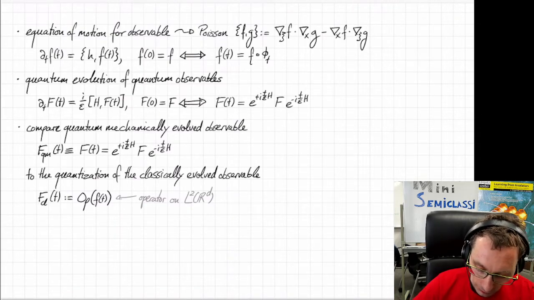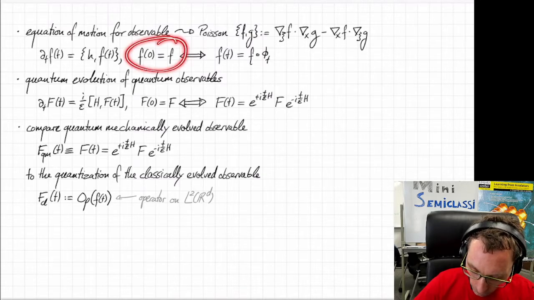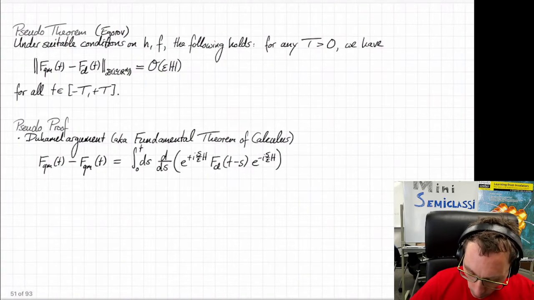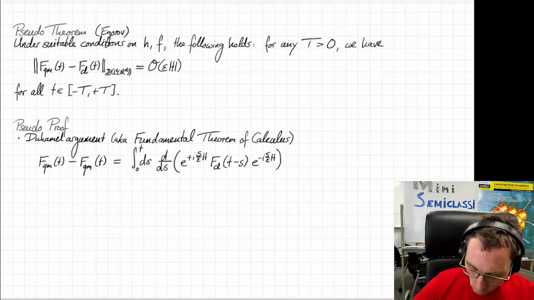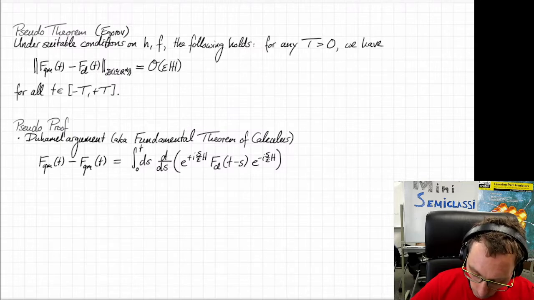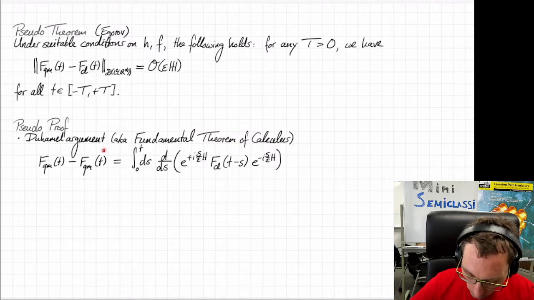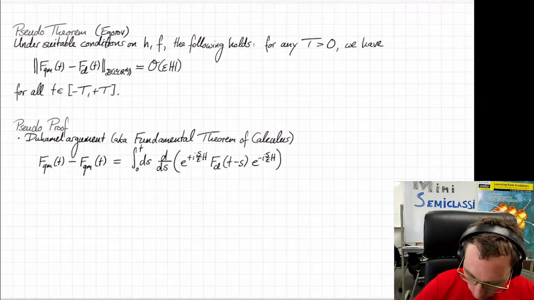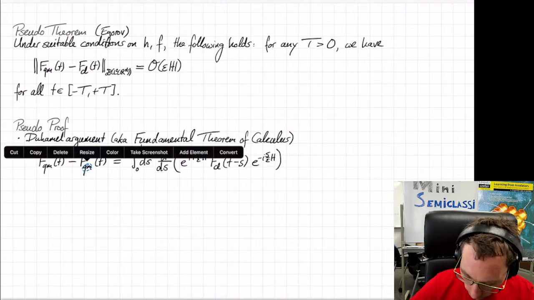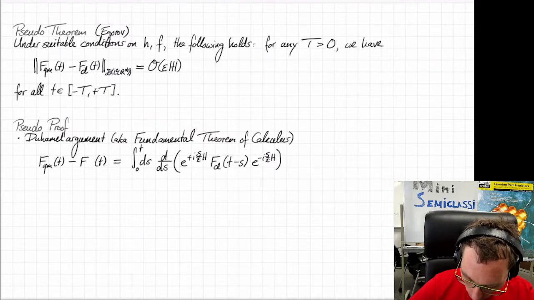So phi 0 is the identity, so f of 0 is just f. So you get the quantum time evolution, and for s equals to 0, well, this becomes the identity. This is also a fancy way to write the identity. And f classical evaluated at t minus 0 is f classical. Okay, I have a very obvious typo here. Sorry about that, I didn't notice.